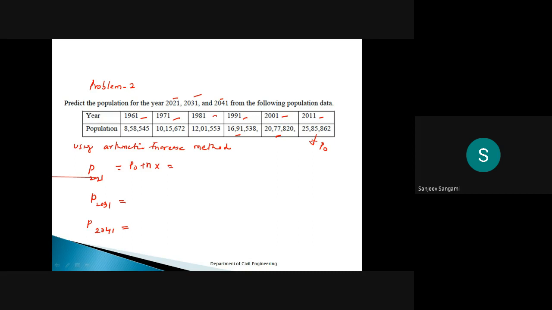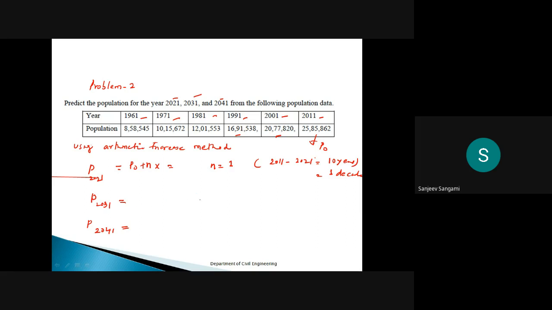Now n, for example, if you are calculating from 2011 to 2021, for this case n will be 1. Why? Because from 2011 to 2021 is 10 years, that is one decade.